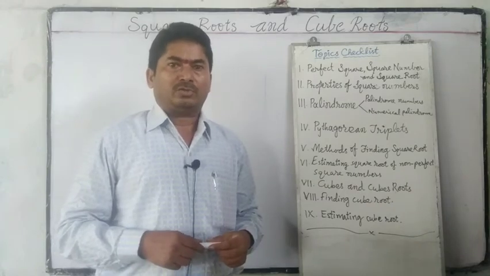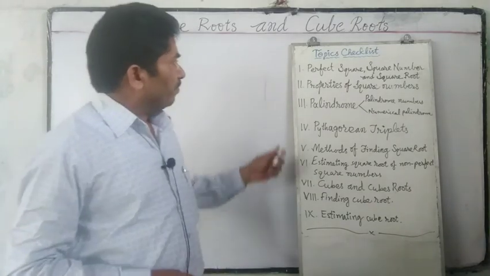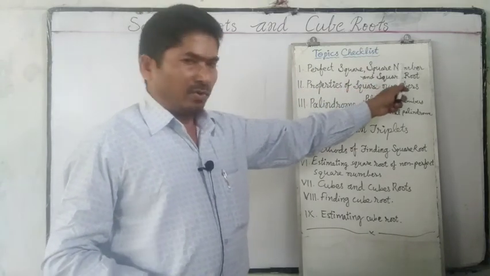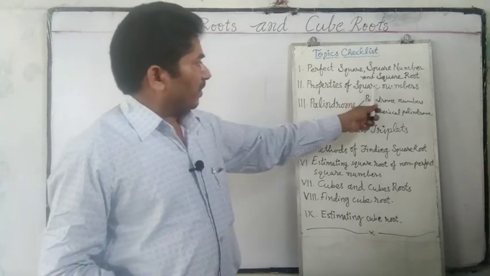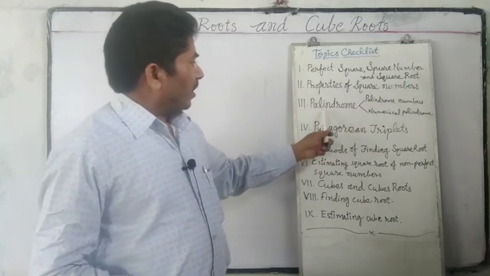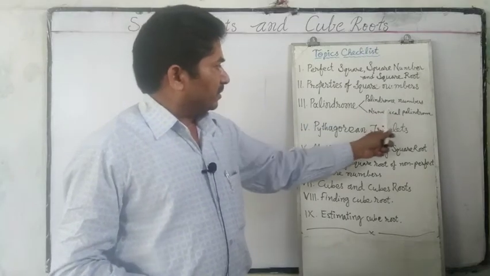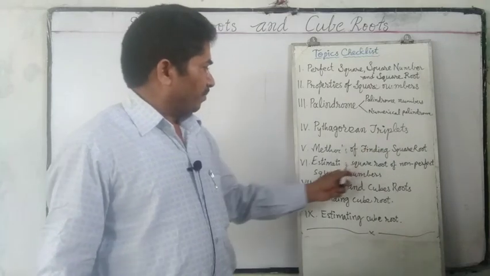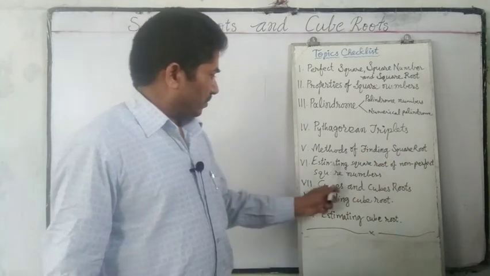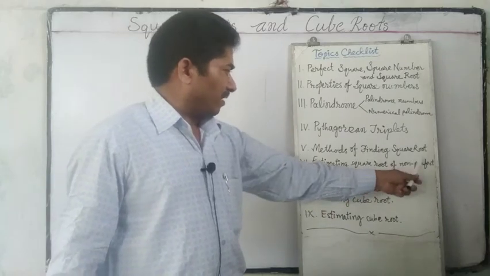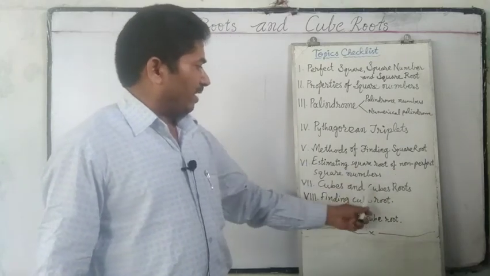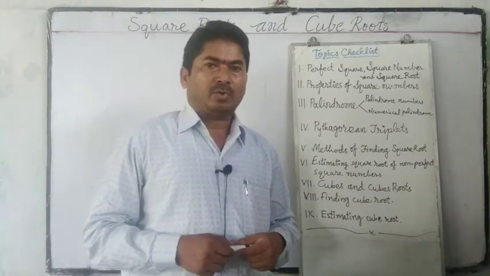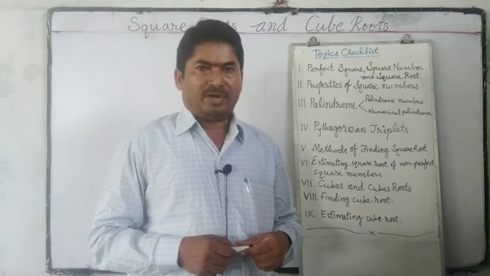In this square roots and cube roots, we are going to learn perfect square, square number and square root, properties of square numbers, palindrome, palindrome numbers, numerical palindrome, Pythagorean triplets, methods of finding square root, estimating square root of non-perfect square numbers, cube and cube roots, finding cube root, estimating cube root. Let us learn one by one.